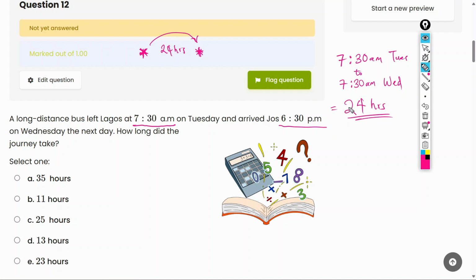So let's see what it will be from 7:30 a.m. on Wednesday to 6:30 p.m. on Wednesday.